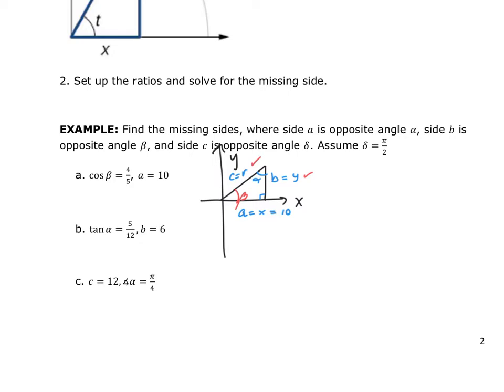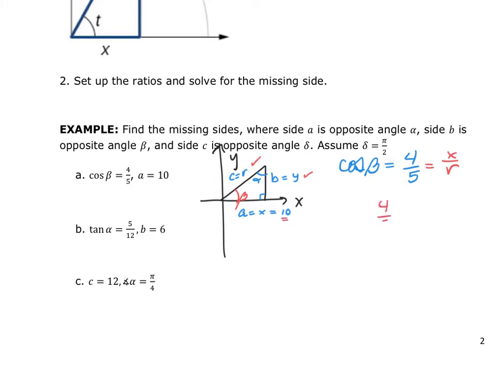We use the fact that the cosine of my angle is the ratio of 4 to 5. So if I have the ratio of 4 to 5, that is the same thing as the ratio of x to r. Now we know what x is. x is 10.